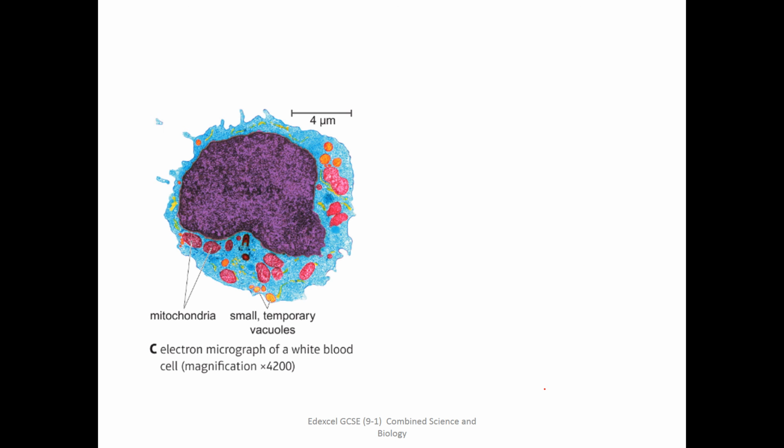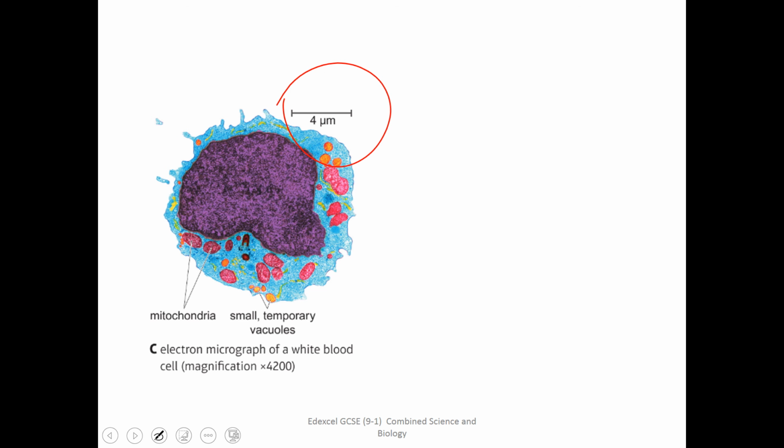Lastly, you may be provided a micrograph and alongside be given a scale bar. These scale bars are used to estimate sizes. So looking at the micrograph provided, we've been given a scale bar that shows how long 4 micrometers is at this magnification. So roughly using this, I can estimate the size of this cell.